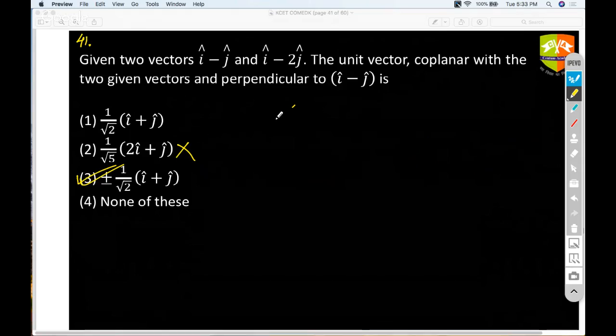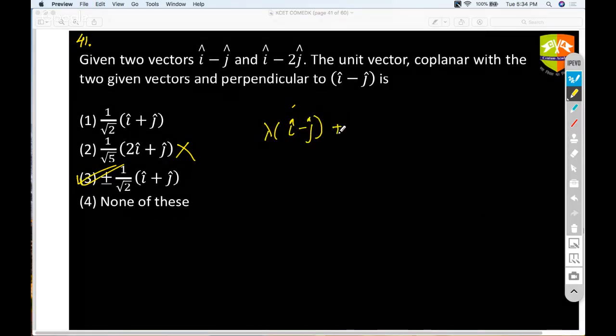Another way to solve this problem is to consider a vector of the form lambda times i minus j plus mu times i minus 2j. Let's say I take i common, so I have lambda plus mu, plus j times minus lambda minus 2 mu.